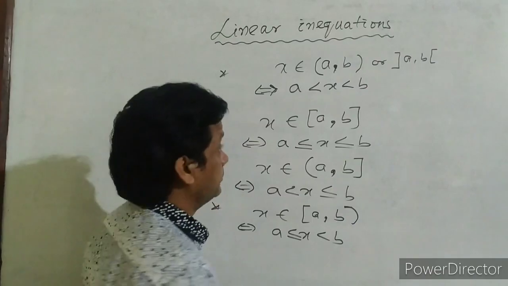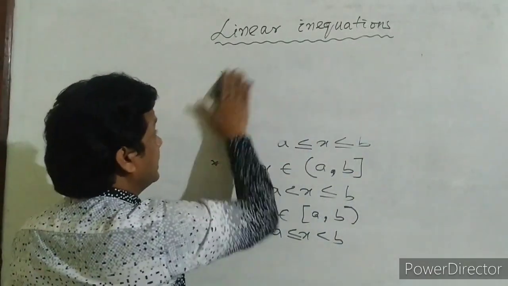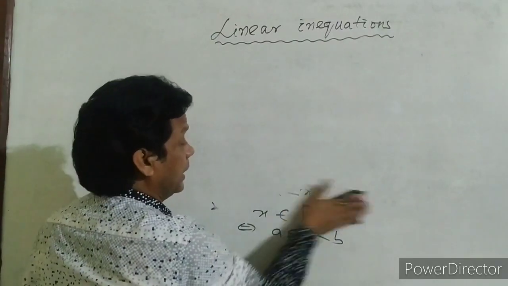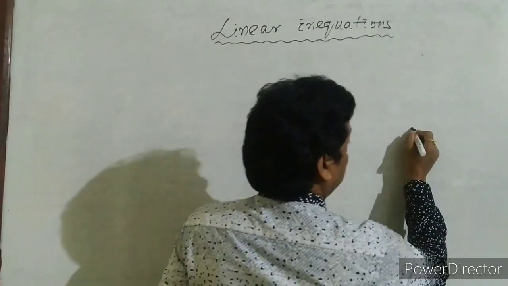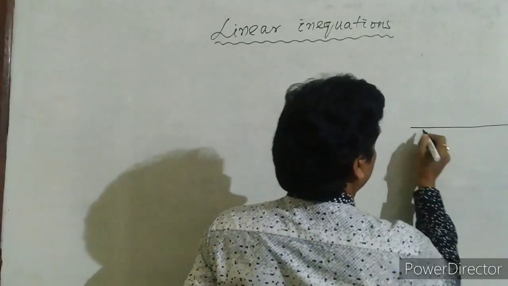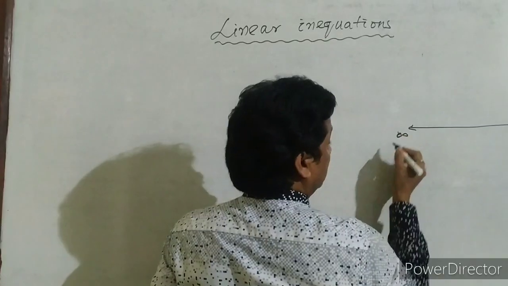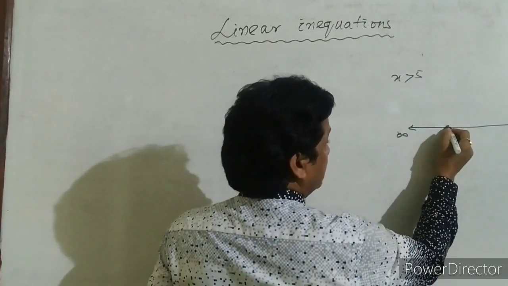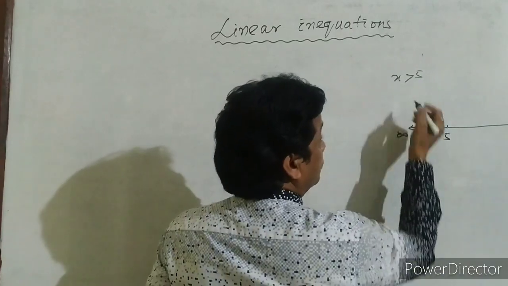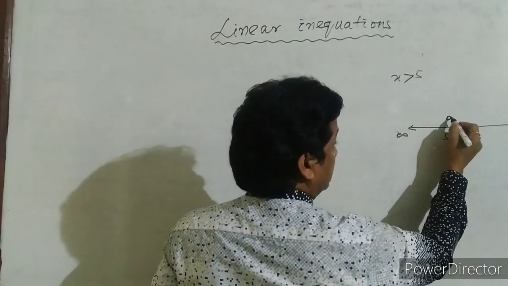And see here, how to represent these things graphically. This is a number line. This is minus infinity, this is infinity. If x is greater than 5, and this number is 5, strictly greater than I am writing, so I can write like this.